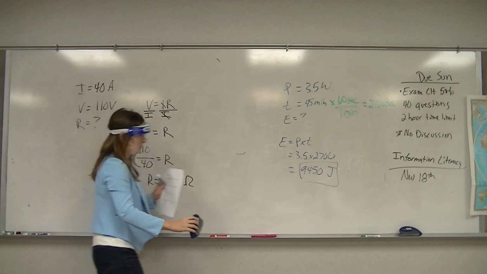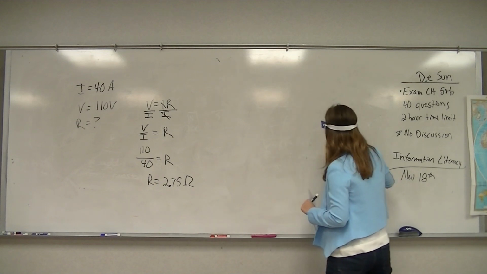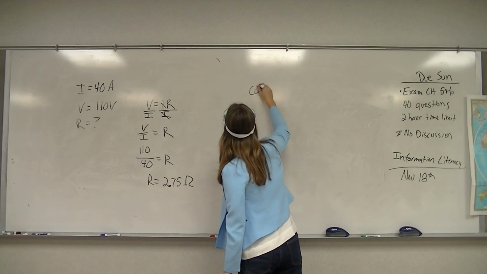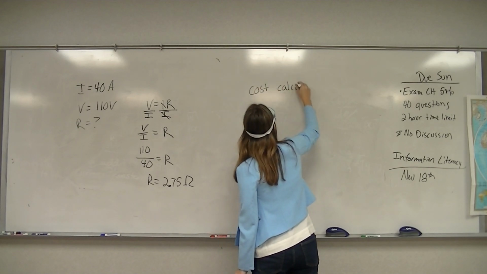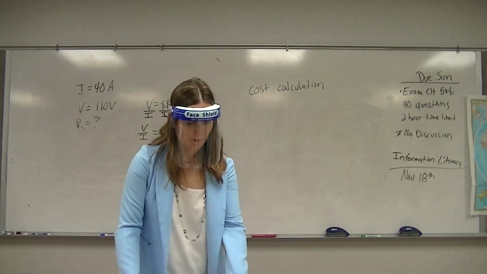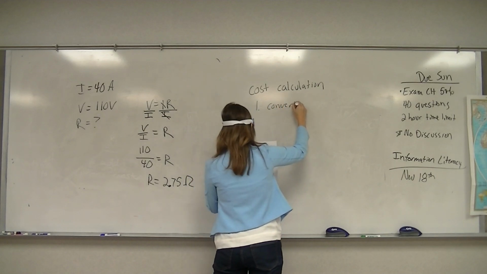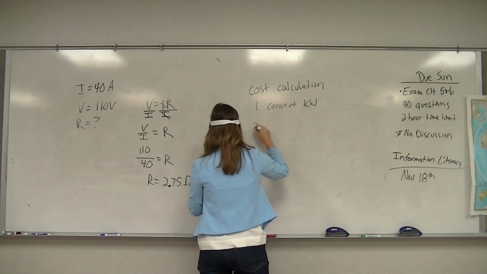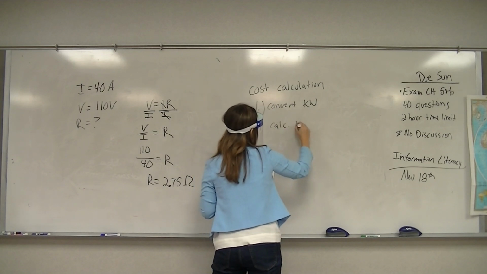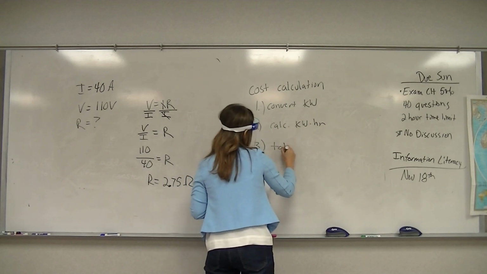So one problem that wasn't on here, but is on the exam, is the cost calculation one that we did last week. Where you have the 3 steps, and you have to convert kilowatts, and then calculate kilowatt hour, and then the total cost.